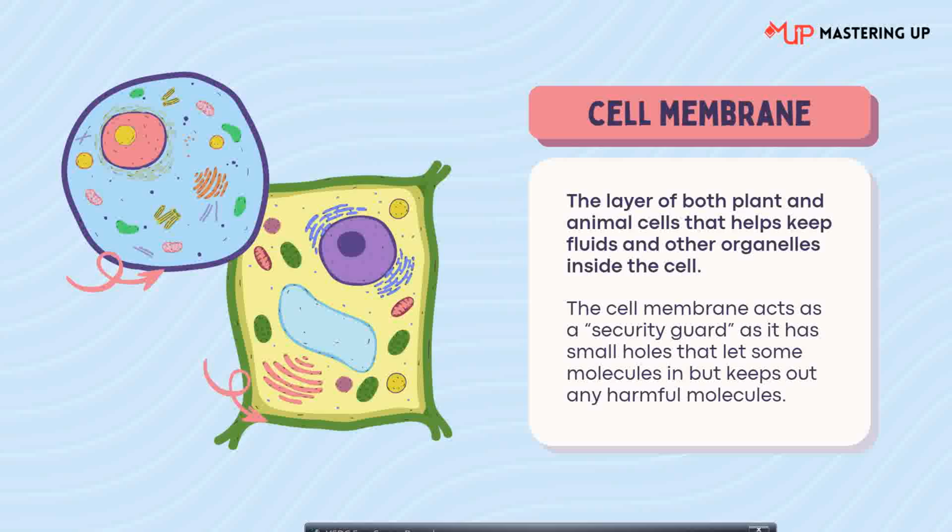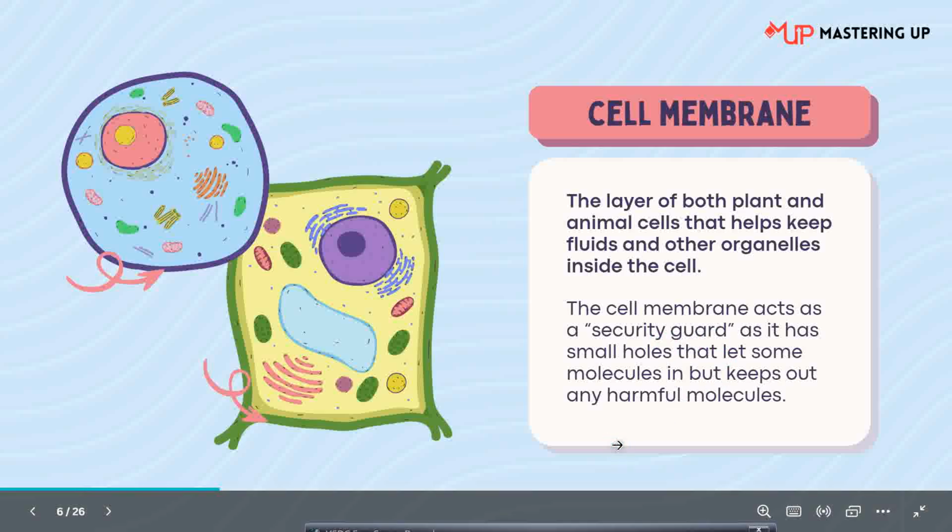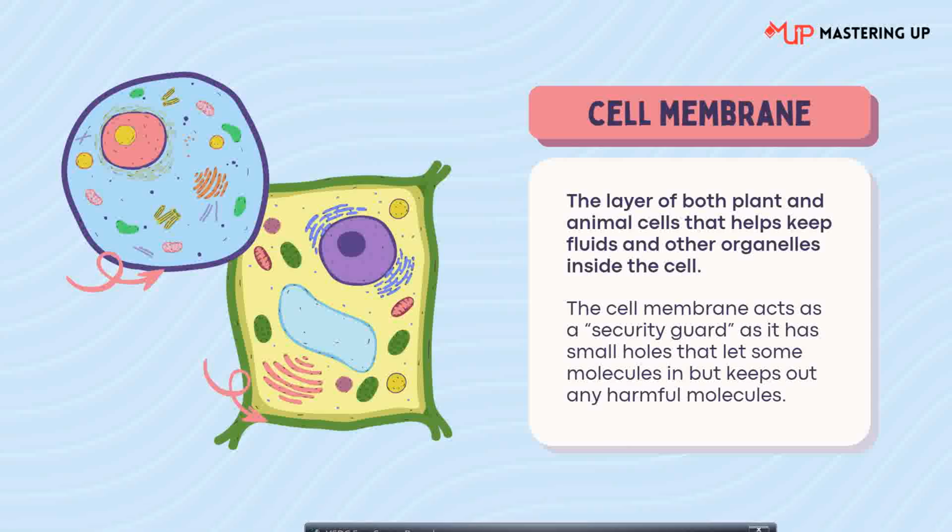So the cell membrane acts as a security guard, as it allows the intake and output of different nutrients, minerals and other things. So here you can see the cell membrane is present in both plant and animal cells.